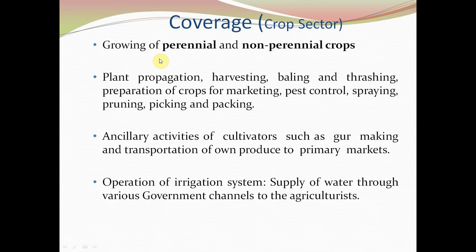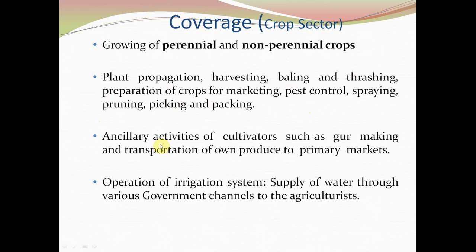First of all, growing of perennial and non-perennial crops, 12 months crops and crops for lesser time. Then plant propagation, harvesting of crop, baling and threshing, then preparation of crops for marketing, their pest control, spraying, pruning, picking and packing of final output.